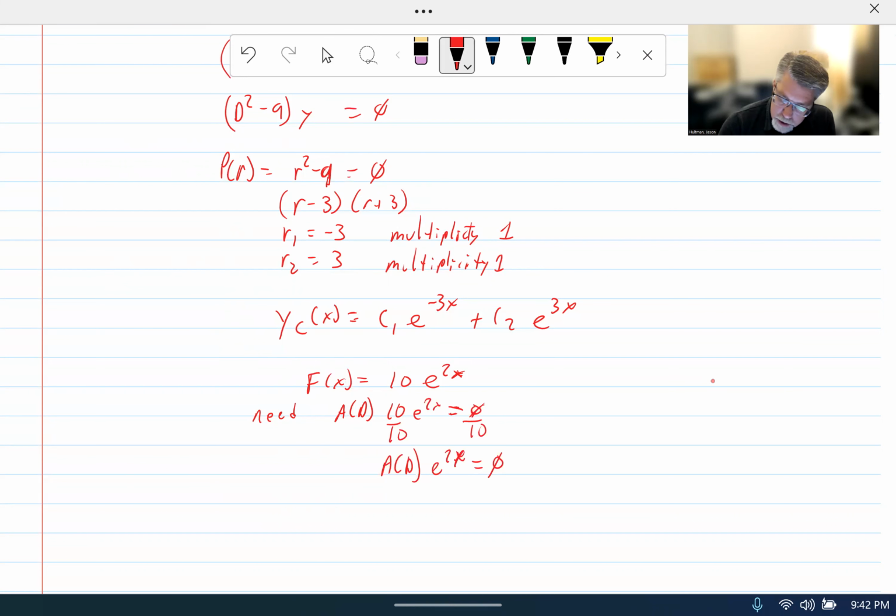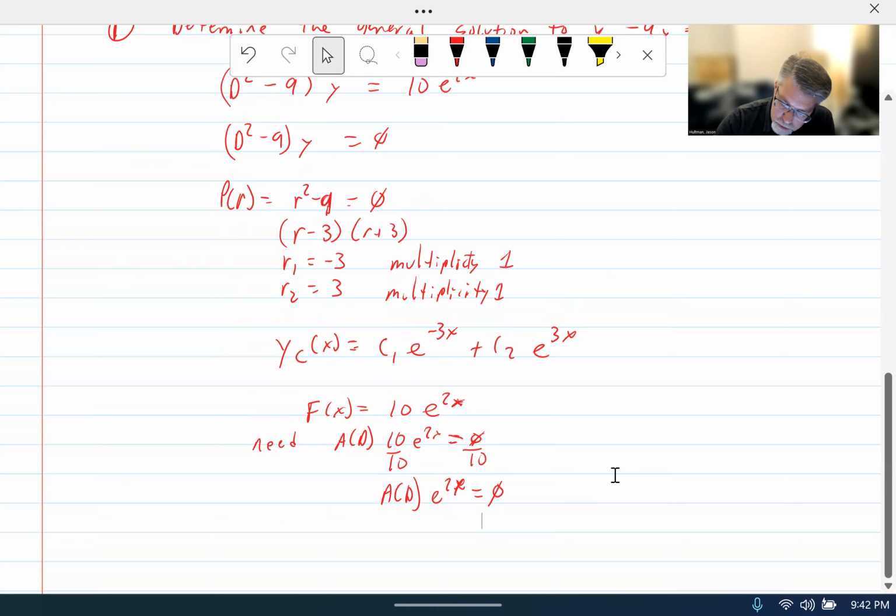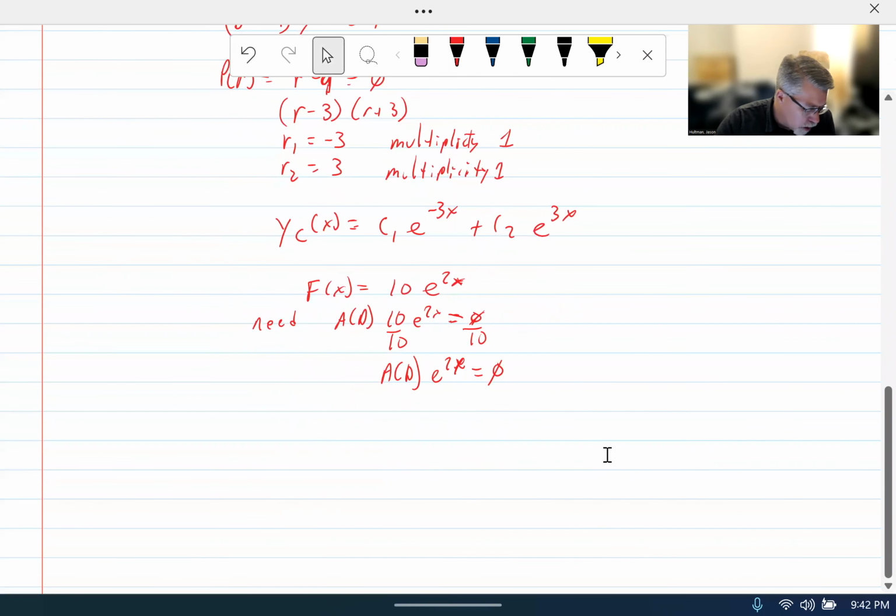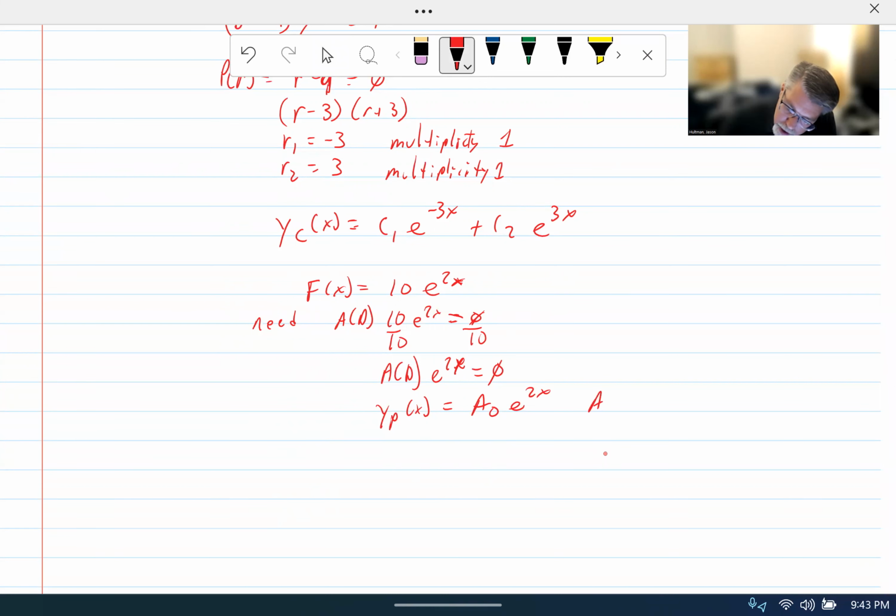Now let's assume that the particular solution in this case is some constant times e to the 2x, or yp of x equals a naught times e to the 2x, where a naught is called the undetermined coefficient.